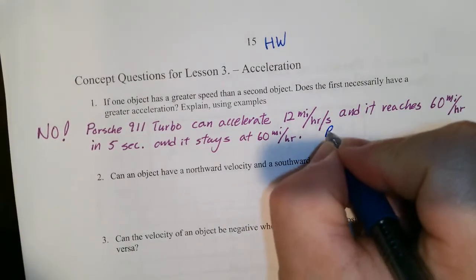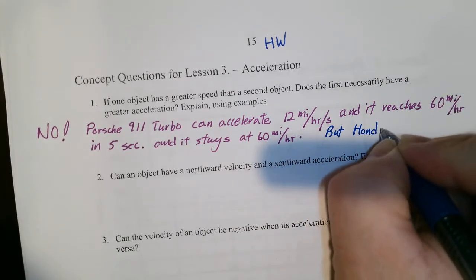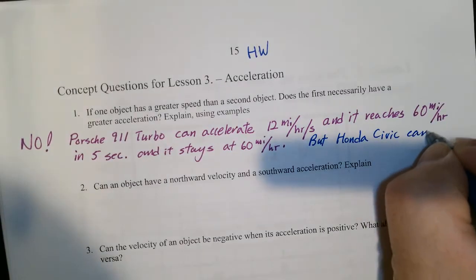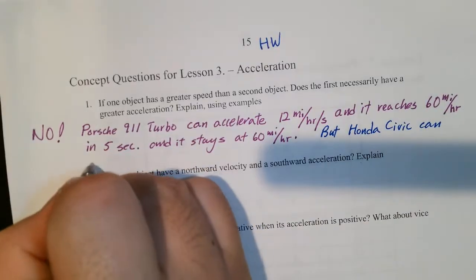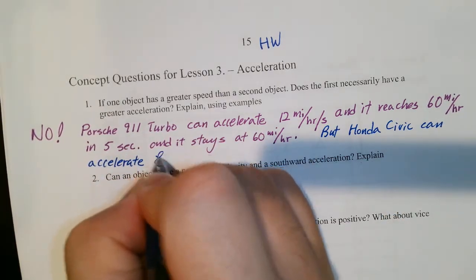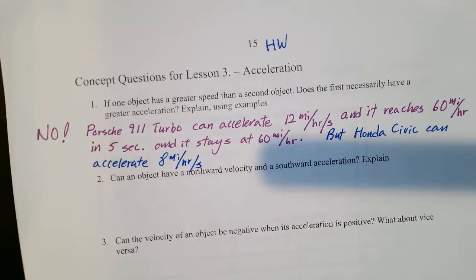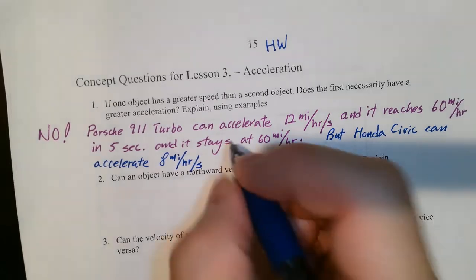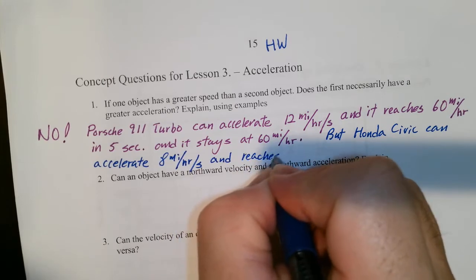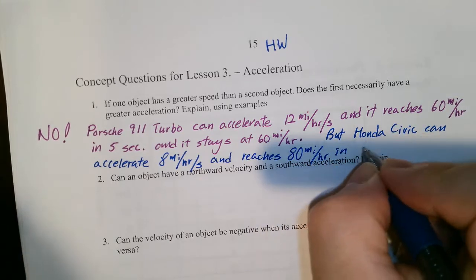But a Honda Civic can accelerate 8 miles per hour every second, and reaches 80 miles per hour in 10 seconds.